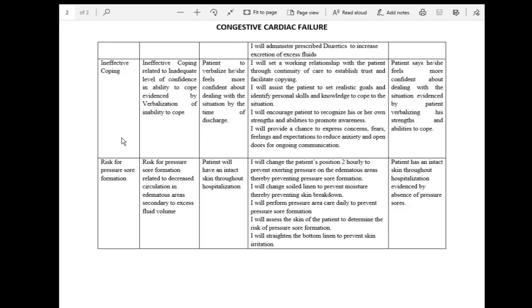And how are we going to know? They will say their strengths and their abilities to cope.